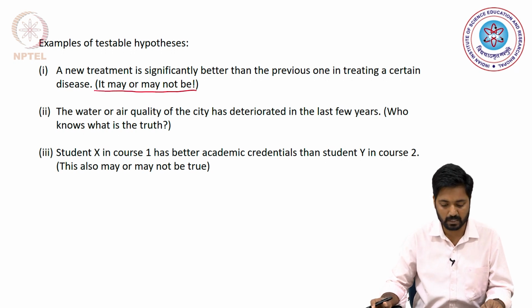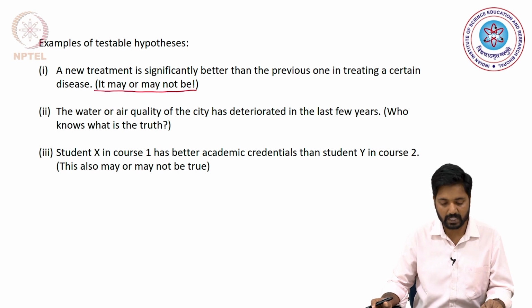Another example is the water or the air quality of the city has deteriorated in the last few years. Now, we do not know whether this is true or false, and again this is a hypothesis which is testable through generation of scientific data.